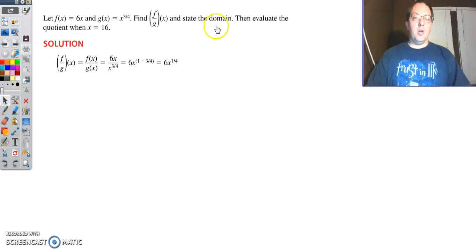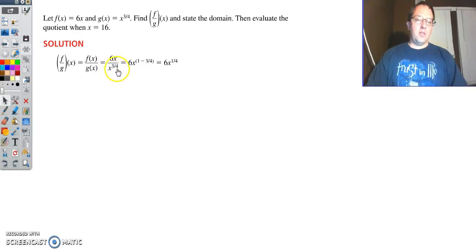Not too bad. Domain. Well, this is linear, so it's got a domain of all real numbers. G of x is a 4th root there, so it's got a domain of everything greater than or equal to 0. Those overlap at everything greater than or equal to 0. Except this is division, and we can't divide by 0.